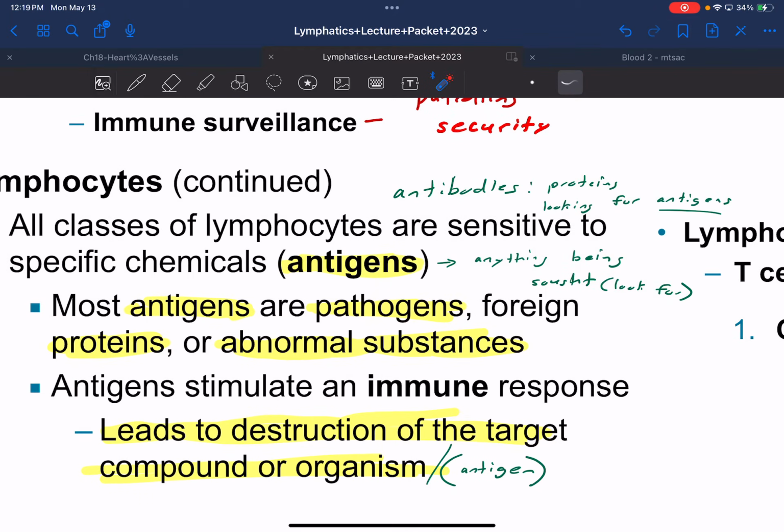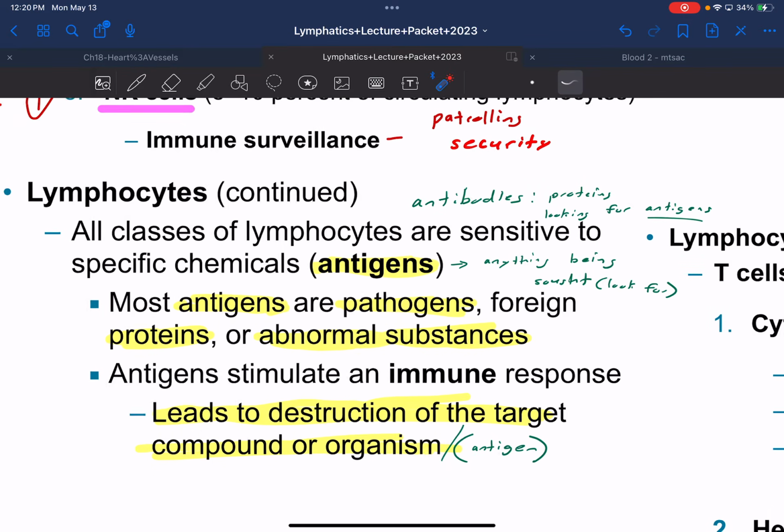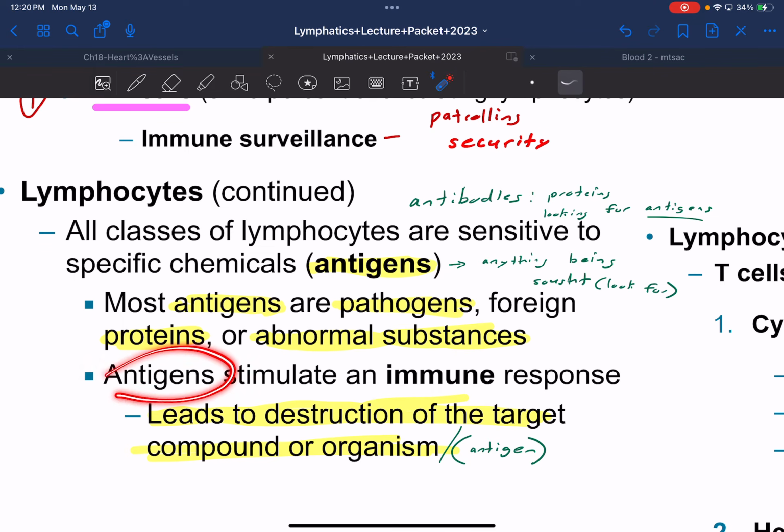And then here, I like that it says most and not all antigens, but most antigens are pathogens, foreign proteins, abnormal substances. And so antigens, in the context of immunity, means anything that's going to stimulate an immune response.